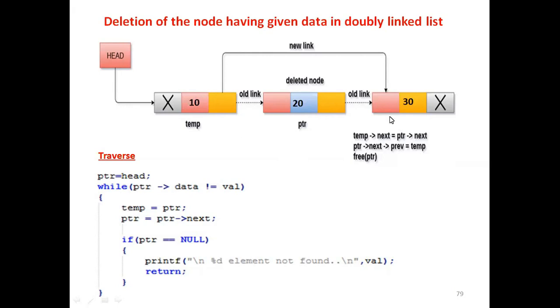So this way, the previous field of this node is updated, and the next field of this node is also updated. Okay, and this node is deleted. After deleting this node, we can release the memory allocated to this node by using the free function. So free PTR, because PTR contains the address of this node.